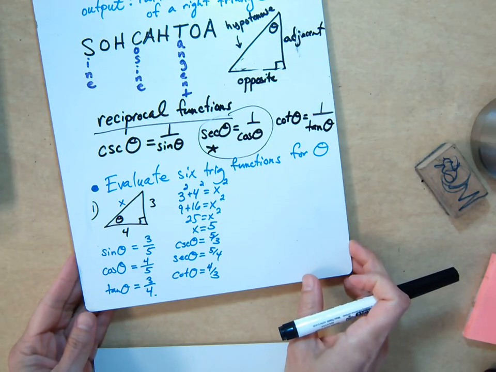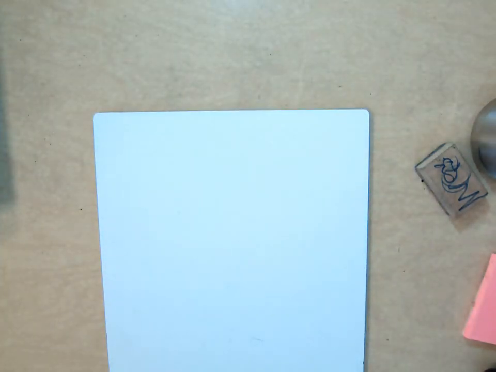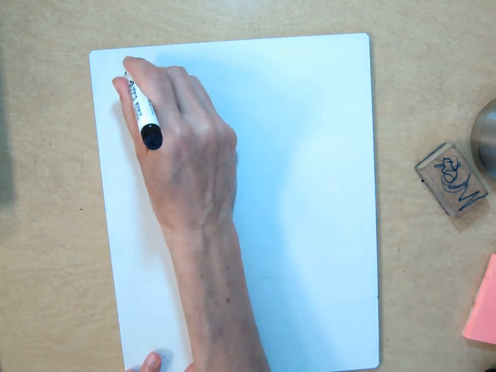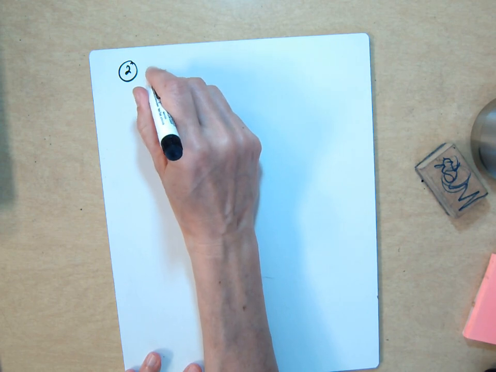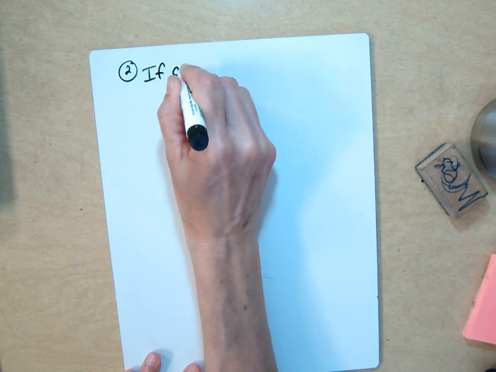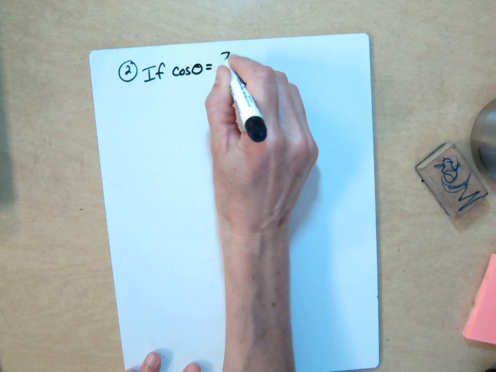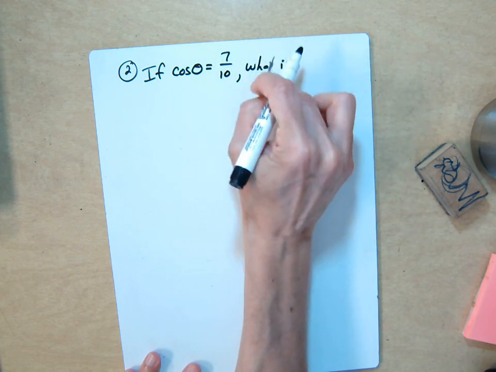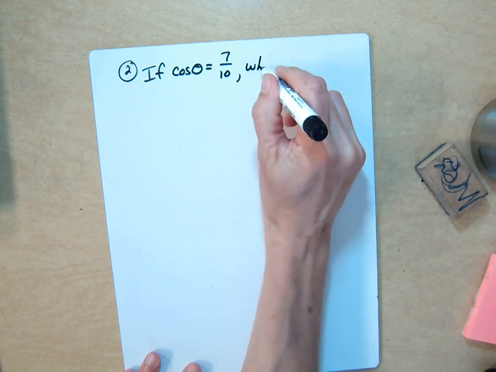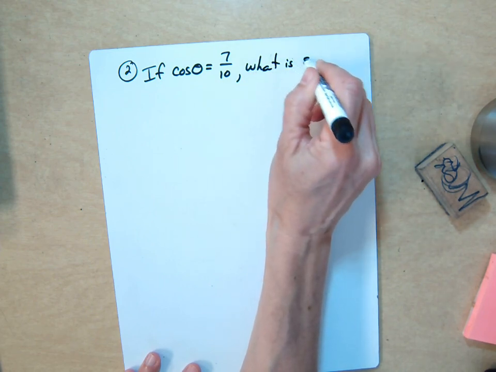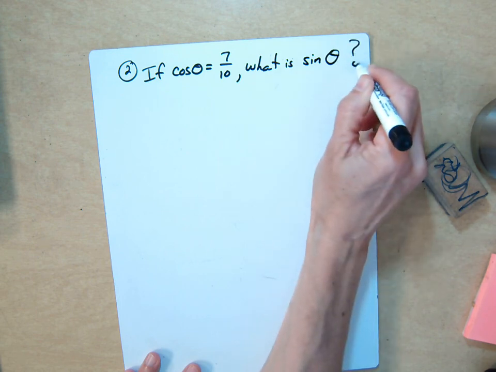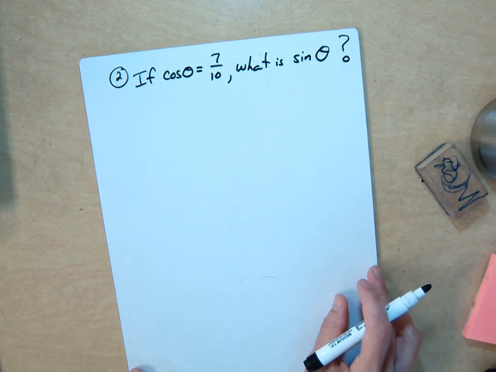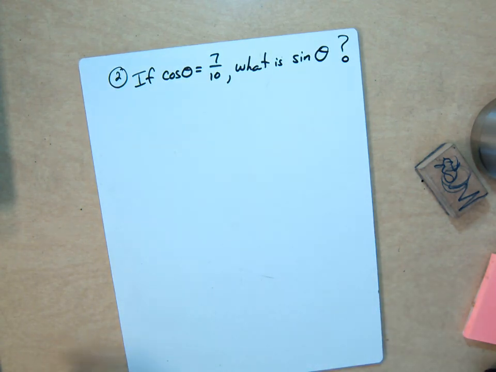So last example: let's say if the cosine of theta is 7/10, what is the sine of theta? If the cosine of theta is 7/10, what is the sine of theta? That's all that you'll be given.